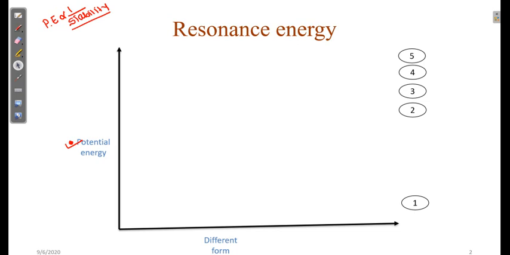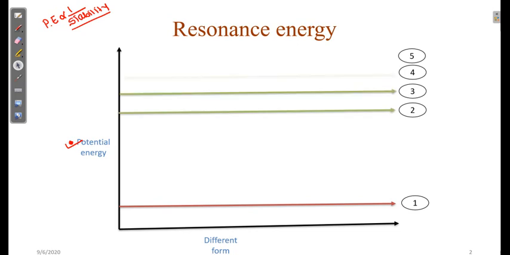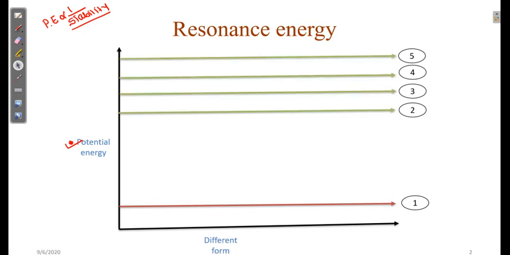From this graph we see that there are a total of 5 structures. Suppose this is my resonance hybrid. Resonance hybrid means that after drawing all the structures, we get one final structure.